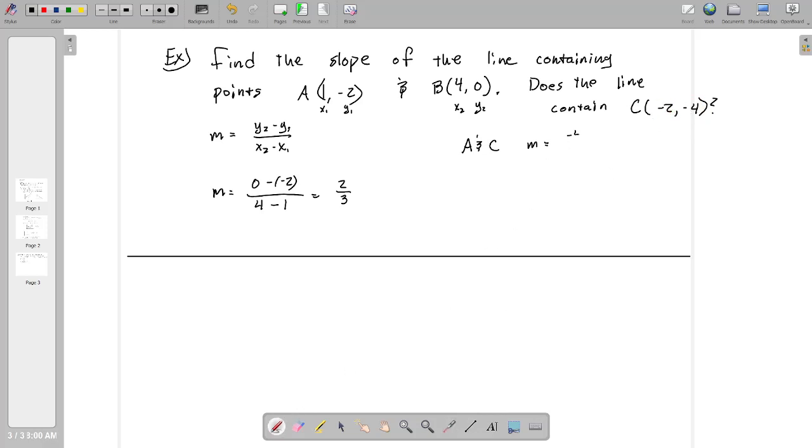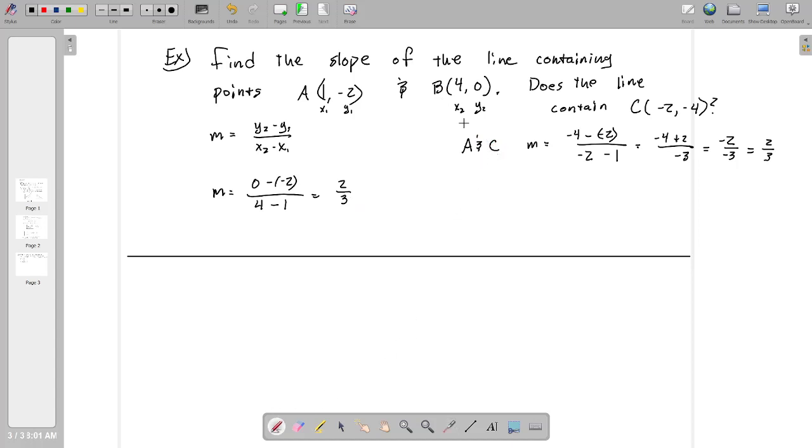So we'll do a negative 4 minus a negative 2 divided by negative 2 minus 1. Now here we have negative 4 plus 2 divided by negative 3, which will end up being negative 2 divided by negative 3. Now, if we cancel the negatives, we get 2/3, and we can see that we have the same slope. Since we have the same slope, and A and B are already on the line, then C is also on the line.